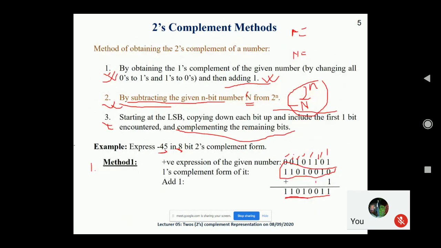Starting at the LSB, copying down each bit up. Up means we are copying from the upper positions, and include the first 1 bit encountered. So when a 1 bit is encountered, the remaining bits are complemented. That particular part is very important for method 3.